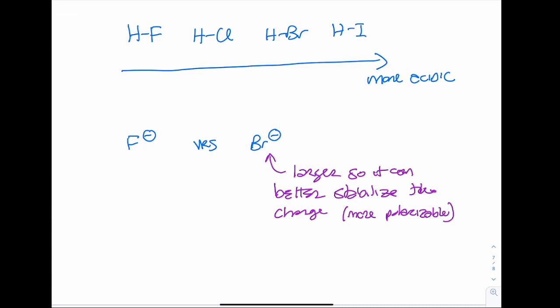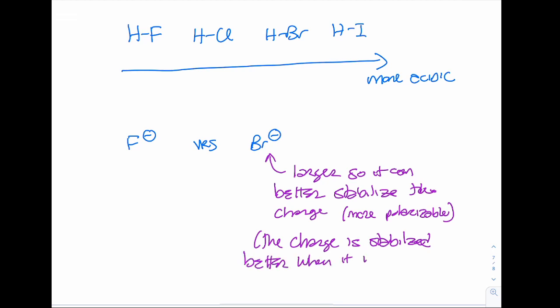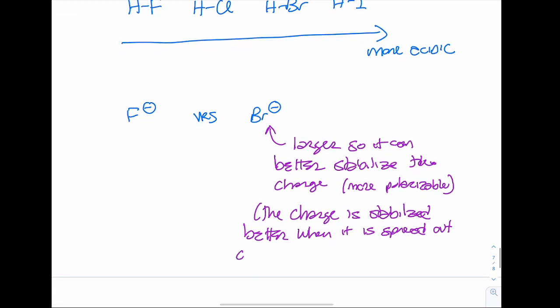So the charge is stabilized better when it's spread out over a larger volume. So fluorine is smaller, it's less polarizable, it's less able to stabilize that charge, right? It's not spread out over a larger volume.